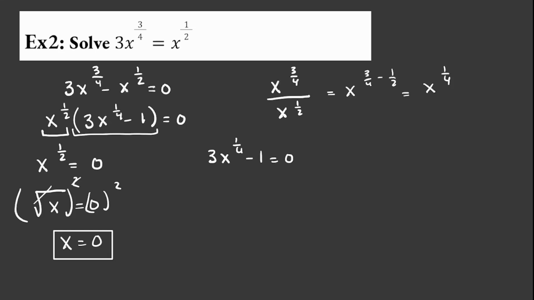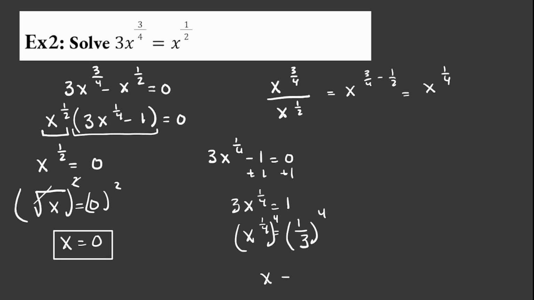For the other factor, I need to isolate x, so I add 1 to both sides. I have 3x to the 1/4 equals 1. Now I divide by 3, so x to the 1/4 equals 1/3. Then I take the reciprocal of the 1/4, which is 4, so I take the power of 4 of both sides.